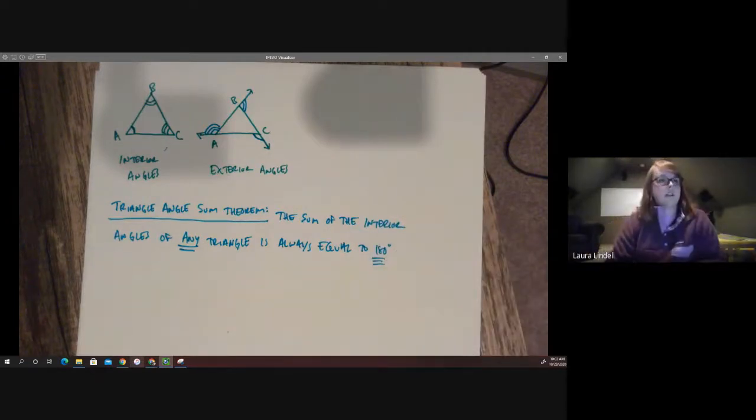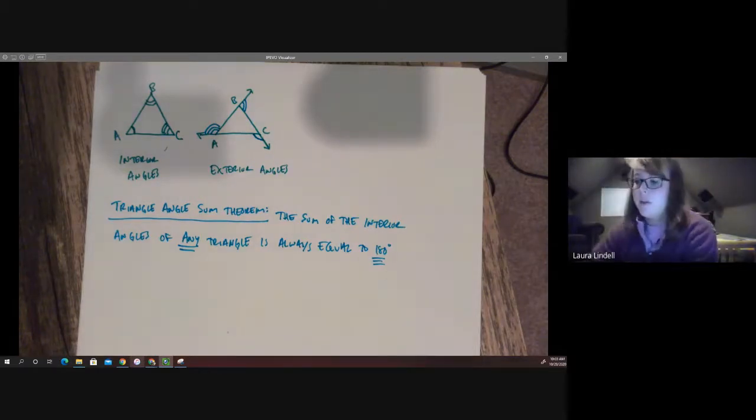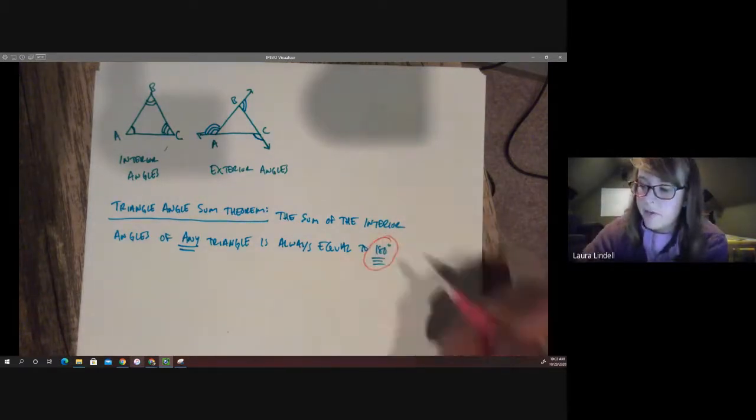So the sum of the interior angles for any triangle is always equal to 180 degrees.